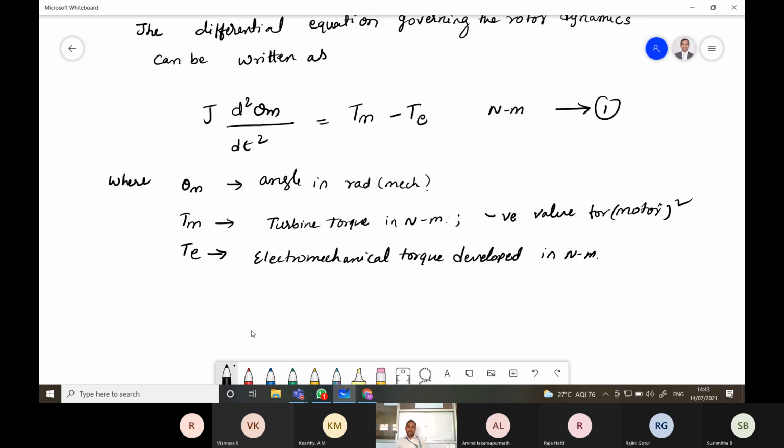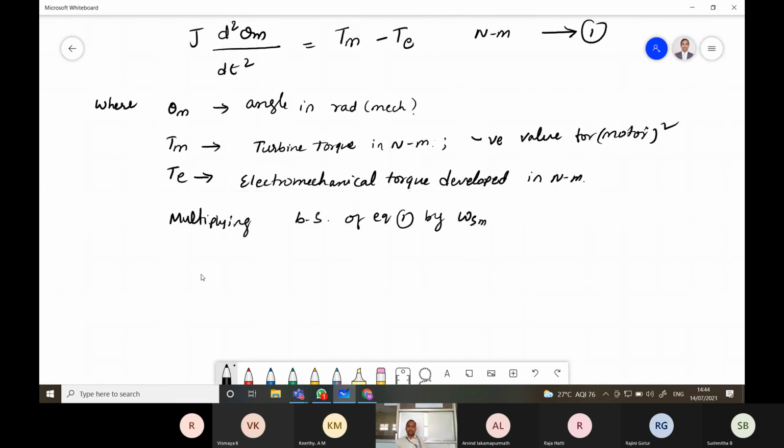Now multiplying both sides of equation 1 by omega sm, what happens?